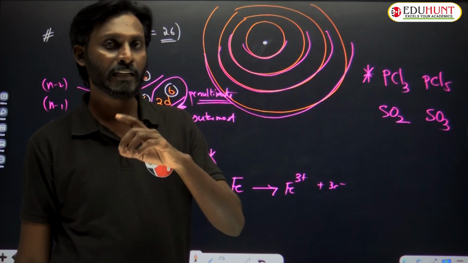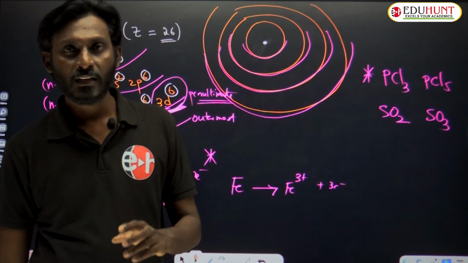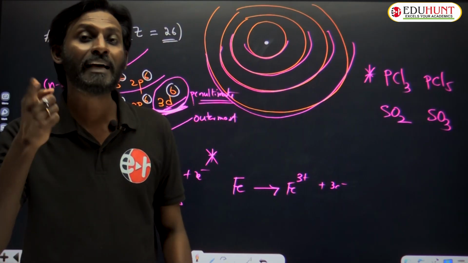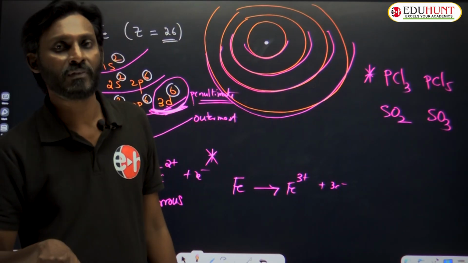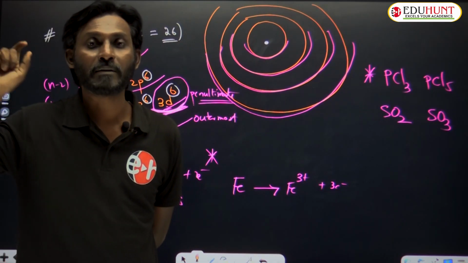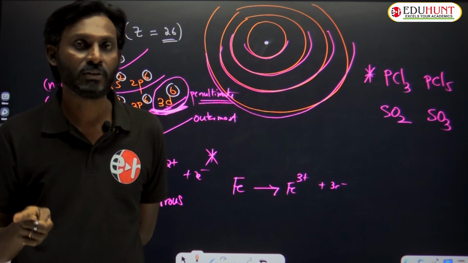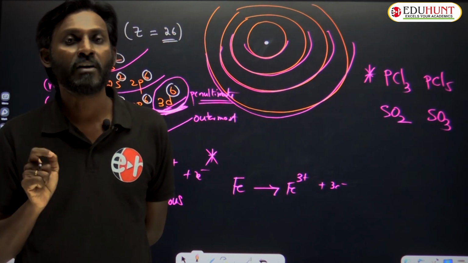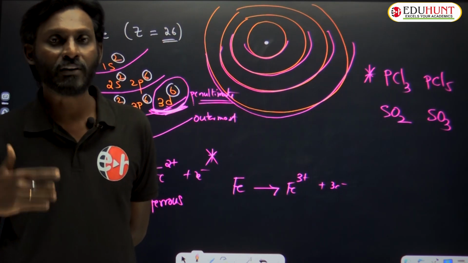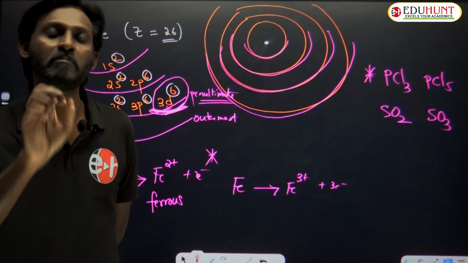You can determine it with the old method also, because it combined with oxygen. Sulfur combined with 2 oxygen atoms. In the old way of determining valency, what is the definition? The number of atoms of hydrogen, or the number of atoms of chlorine, or double the number of atoms of oxygen with which an atom can combine is called the combining capacity.